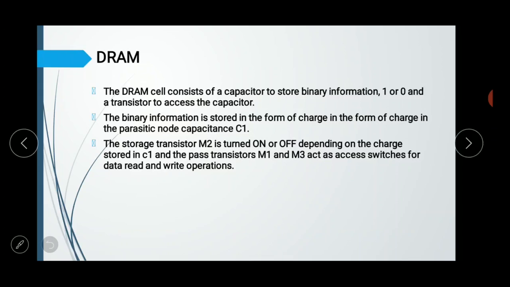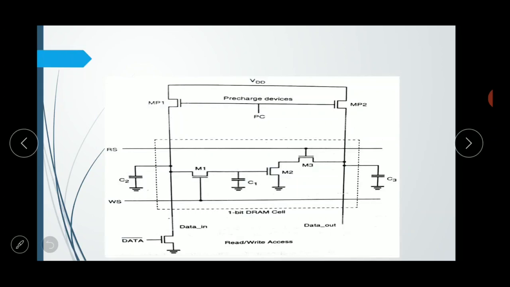So let's go to the diagram. This one is the 3 transistor dynamic RAM diagram. Here in this diagram, M1 and M3 are used as access transistor, and the binary information is stored in the form of charge in the parasitic node capacitance C1.